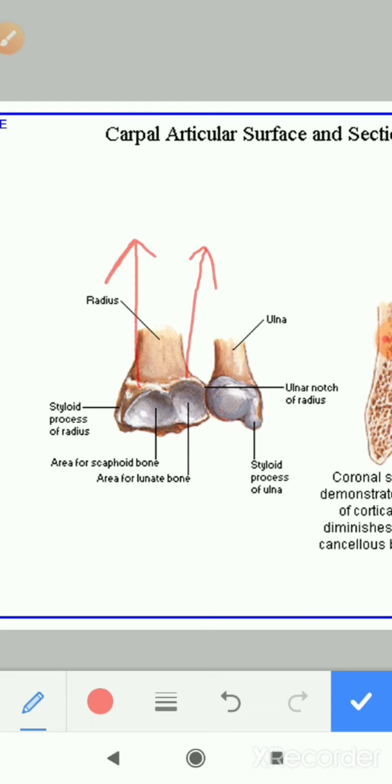This area looks quadrangular and this is almost triangular in shape. So this quadrangular area articulates with the lunate bone. Lunate is one kind of carpal bone. And this triangular area articulates with the scaphoid bone. By joining with the scaphoid and lunate bone, it helps in formation of the wrist joint.